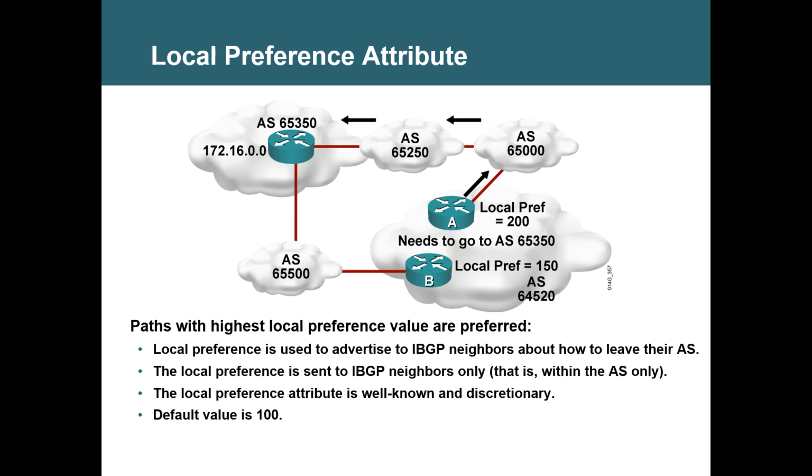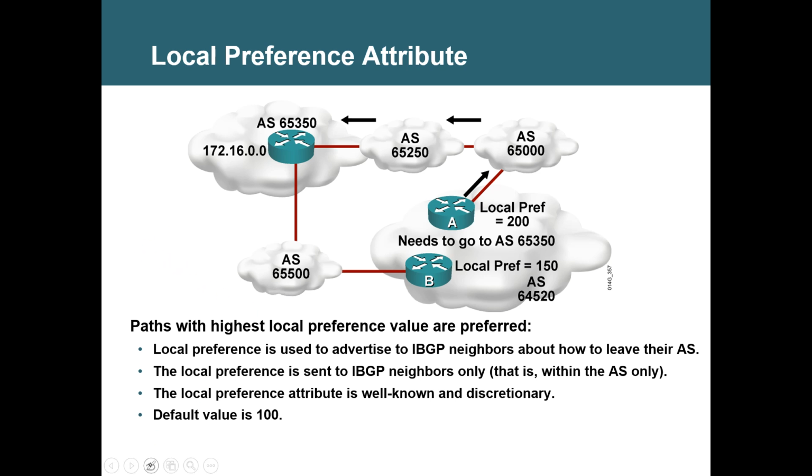The sequence of attributes, the order in which the attributes are arranged, the order in which the attributes are going to be cross-checked before forwarding the traffic. If you see the order, you will find that AS path comes after local preference.